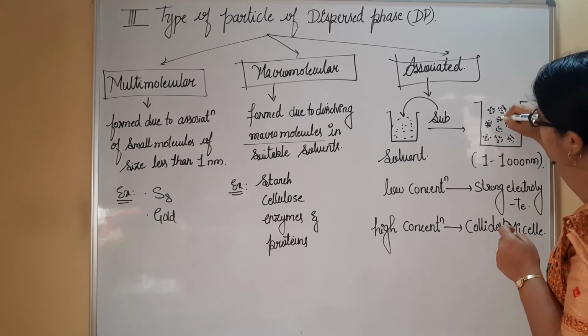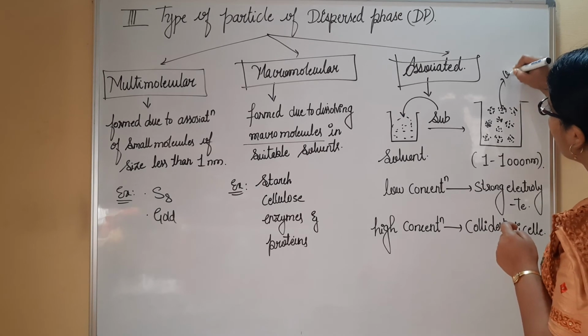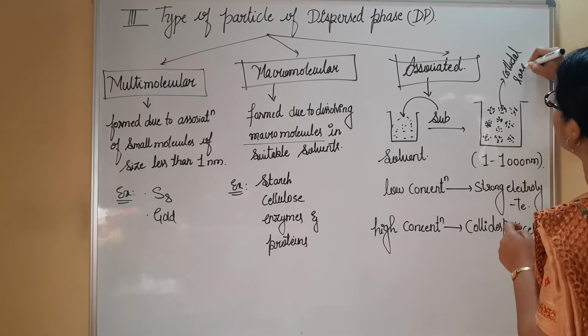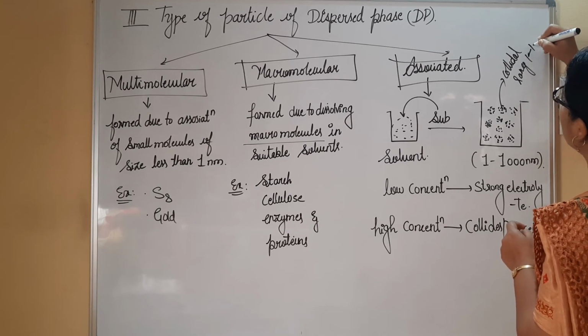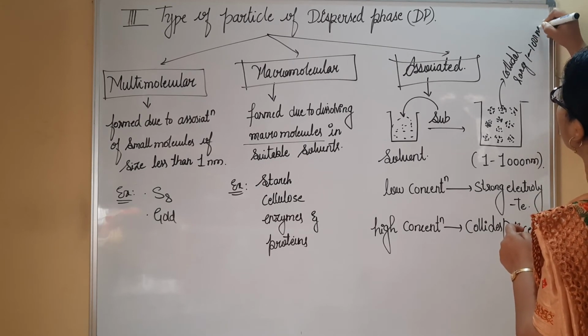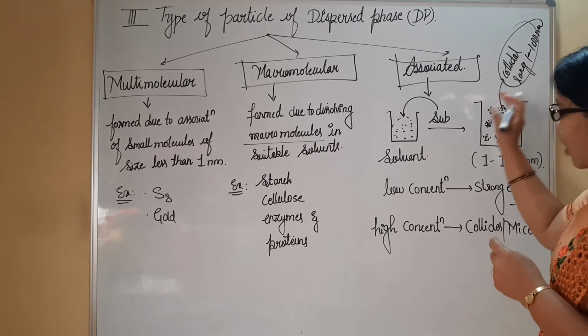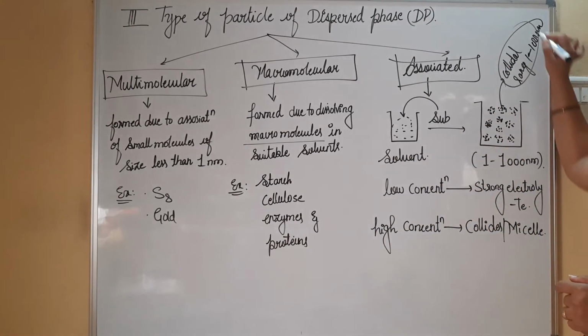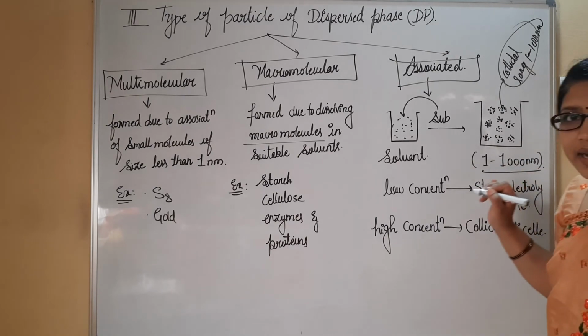This association of molecules makes the colloidal range, 1 to 1000 nanometer, right?